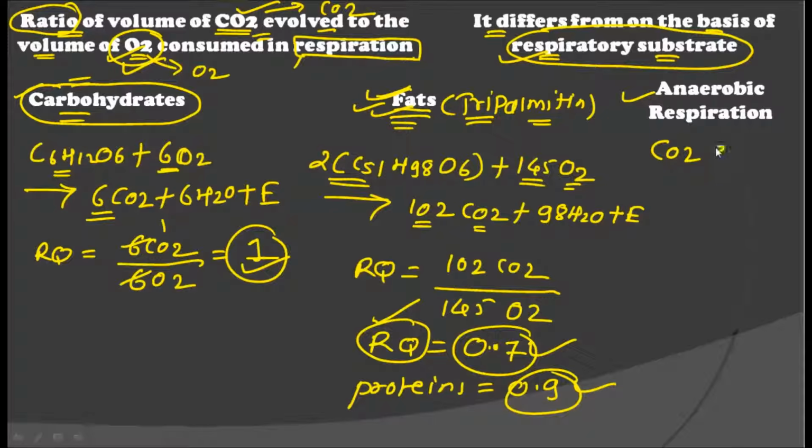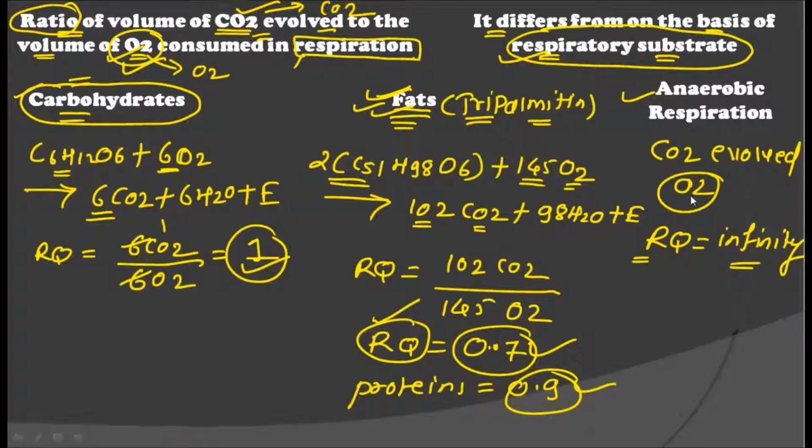CO2 is evolved during the respiration, but O2 is not taken during the reaction. So, for the anaerobic respiration, the respiratory quotient is always infinity. Alright? We cannot calculate the respiratory quotient in the anaerobic respiration because oxygen is not taken in, but only CO2 is evolved.